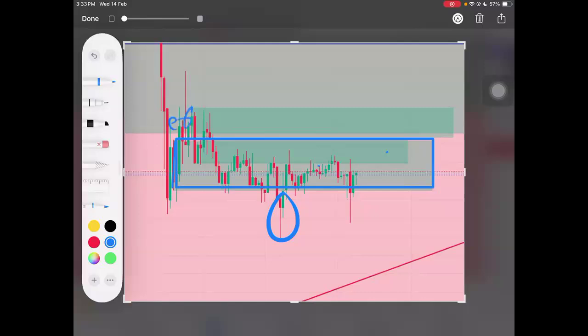So when the price goes inside here and makes an EG buy, or EG to EG, and then it doesn't break this EF, I still consider sell.